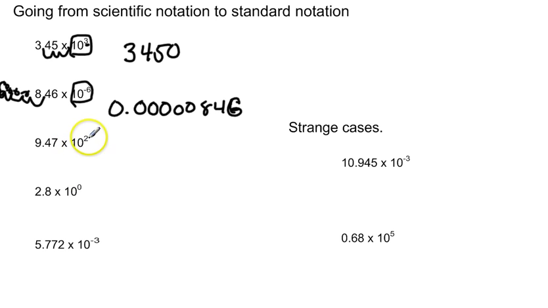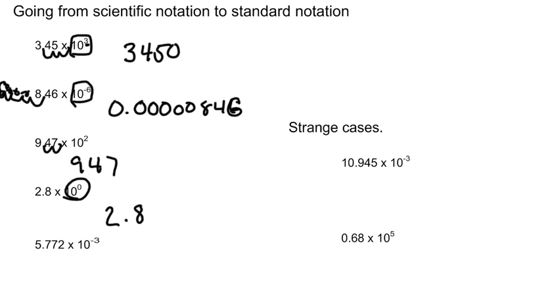Okay. 10 to the second. Okay, 10 to the second is 100, so this is going to be 947. Okay, 2 plus spots. Okay, so here's a 10 to the 0. Okay, well, how many places do we move the decimal point? None. So this is going to be 2.8. It's fine.